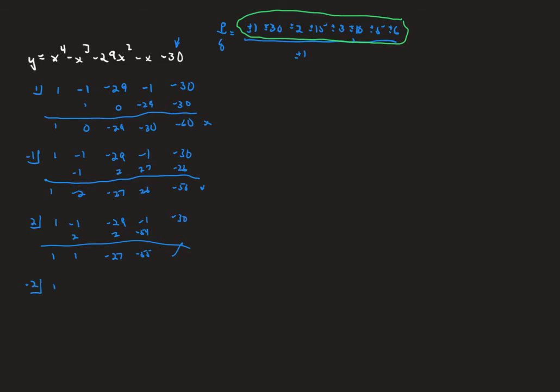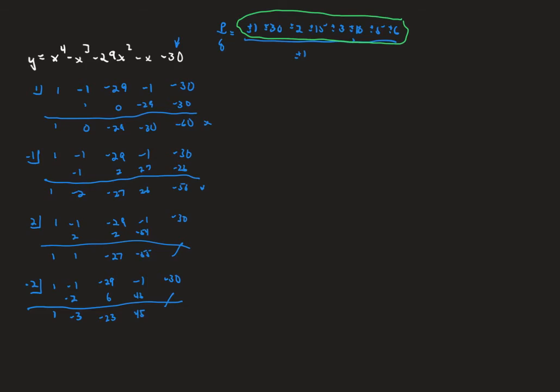Well, this is the bad part about the rational root theorem. The good part is it gives us a finite list of possible candidates. The bad news is it can be a long finite list. And so let's see, we're up to 6, so that's going to be a negative 23 times negative 2 will be a positive 46. That's going to be 45 times negative 2, not going to work.